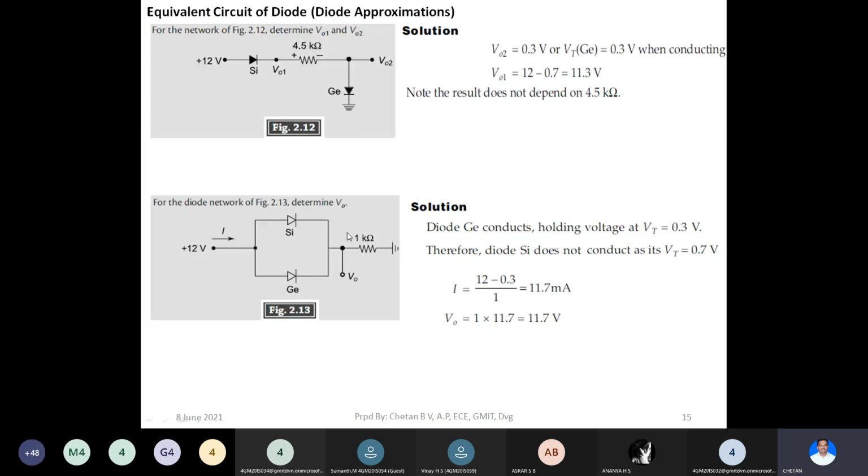This arm can also be present here, and V naught can be present in place of the 1 kilo ohm, but it is just interchanged to give some kind of twist, or some kind of challenge to the student, right? That's all. These two arms can be interchanged, no issues with that.